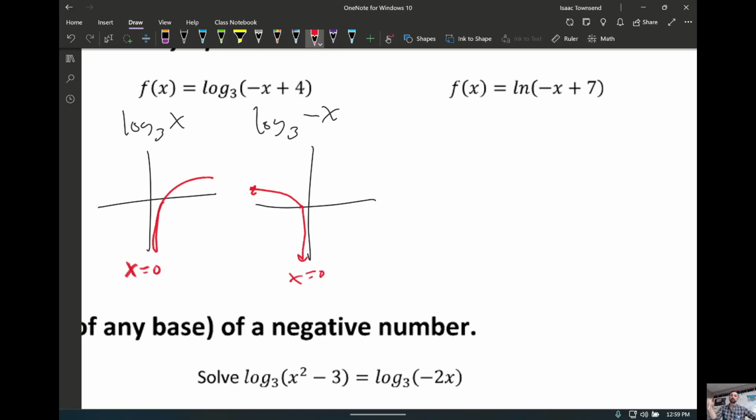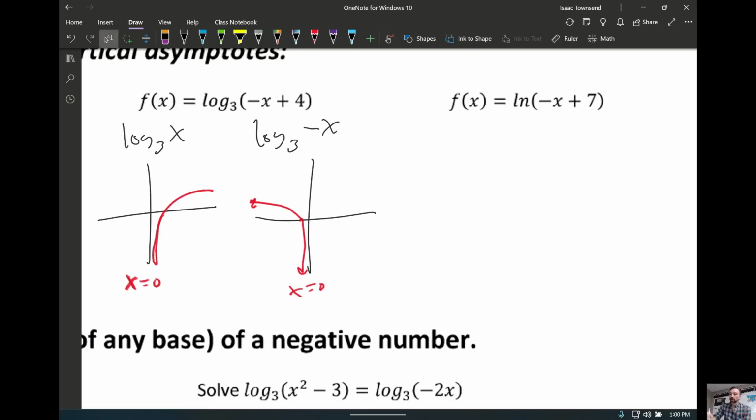Here's the part that I'm concerned about and why I have it on your notes. Because again, I don't know that you saw this much in Algebra 2, if you saw it at all. When we add 4 to x, you're used to that meaning what? Left 4. Right, and so most of the time it is left 4. But if you're reflecting over the y-axis, those rules actually are switched. Because what's happening is, it doesn't look like it, but the negative doesn't just go to the x, it actually goes to the 4 also.